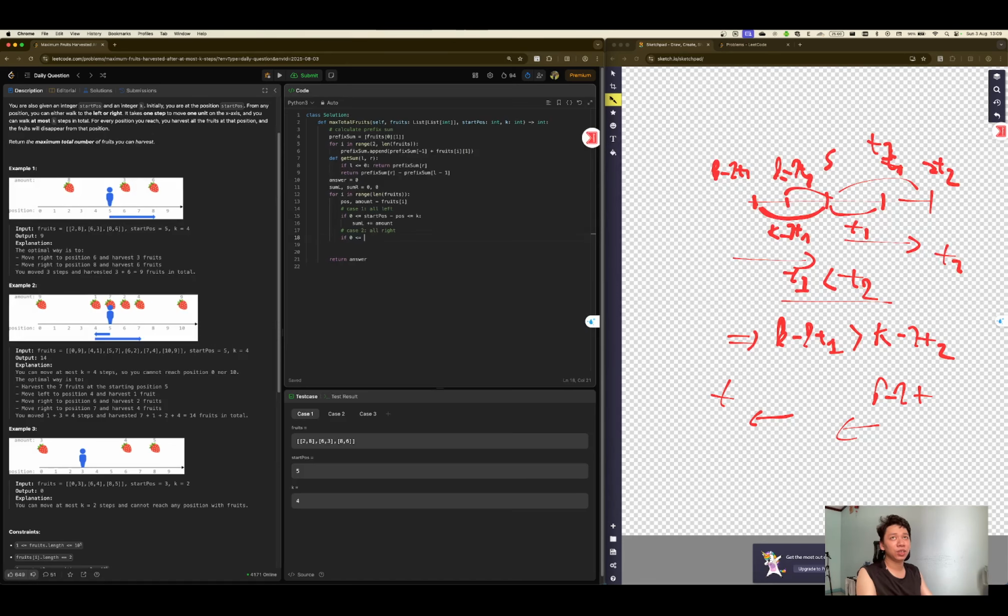On the right side, that means the position must be larger than the start point, and this distance must be less than k. So sum right plus amount. That's this. Don't forget the case 3, and that's the case 4. If 3 is to the left, then all right, this is to the right, and then all left.